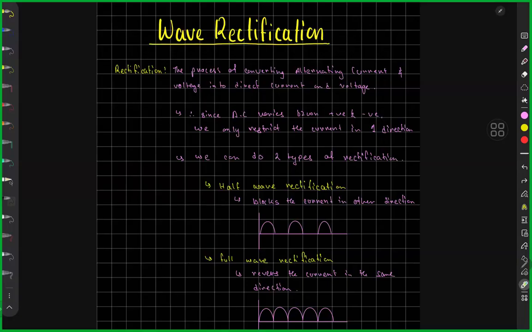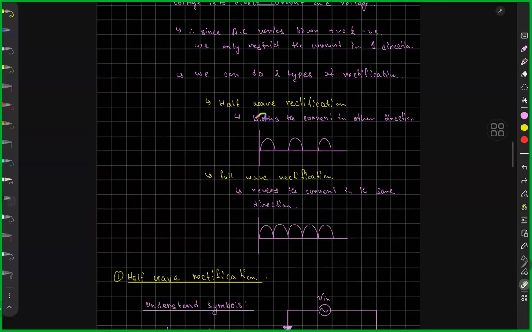How so? Let's see. Rectification is basically a process of converting alternating current into direct current and voltage. Since your alternating current varies between a positive and a negative value, the direction of current is changing. If you want it in one direction, we can do two things.